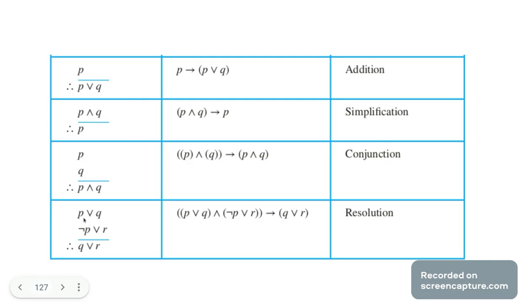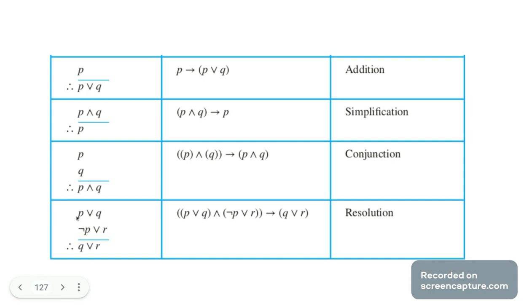Then we have resolution. This is important because we'll be looking at it separately also. We saw it earlier also. Now, P or Q is true, so either P or Q is true. And not P or R is true, so either not P is true or R is true.